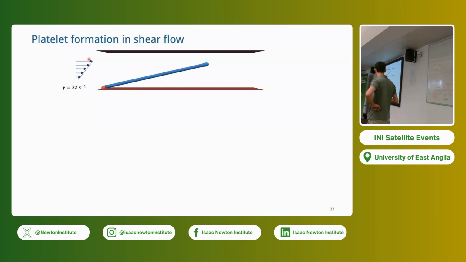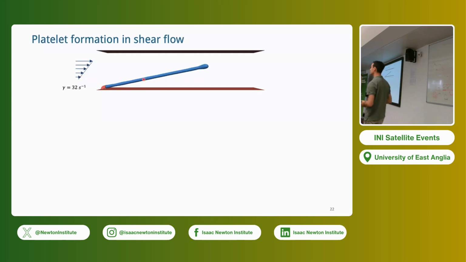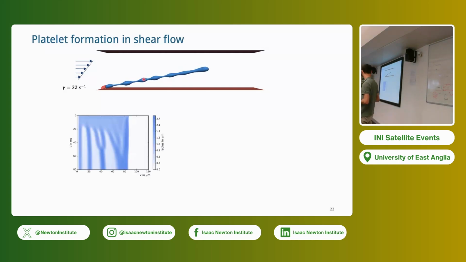But now there's a new effect. If you focus on these two here, you see they merge. So there are two bulges, and because of the shear flow, because the shear flow is dragging, these two bulges actually merge. You can see this also very nicely in the chymograph.